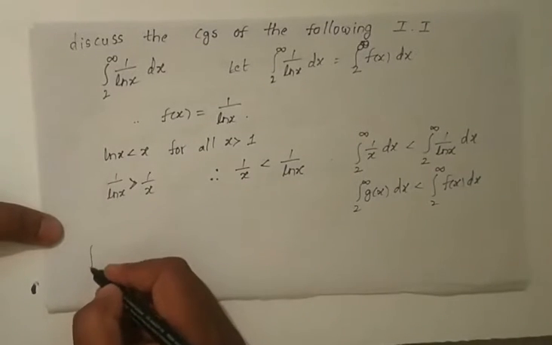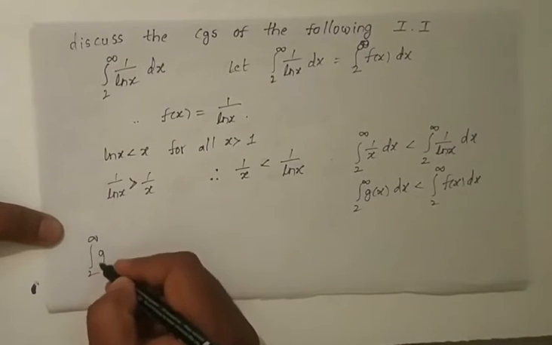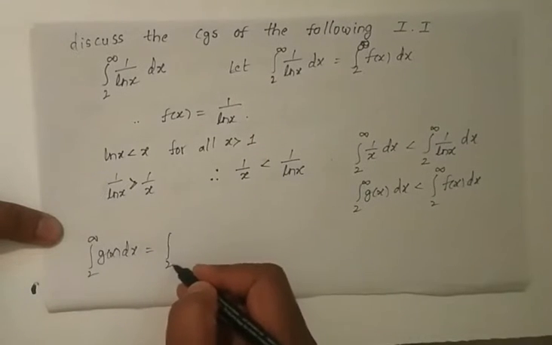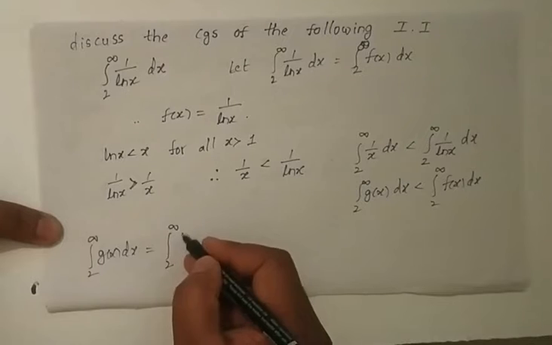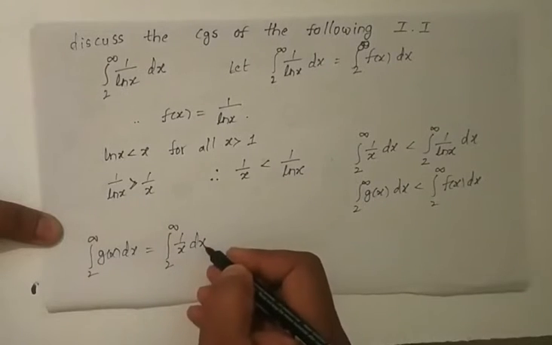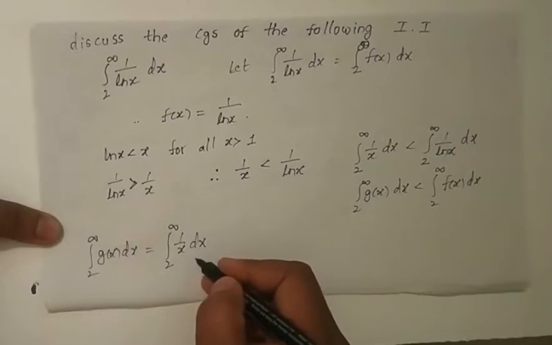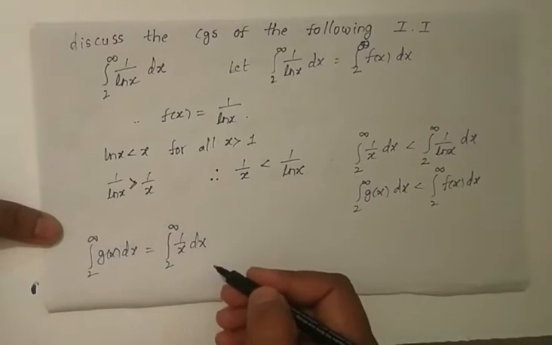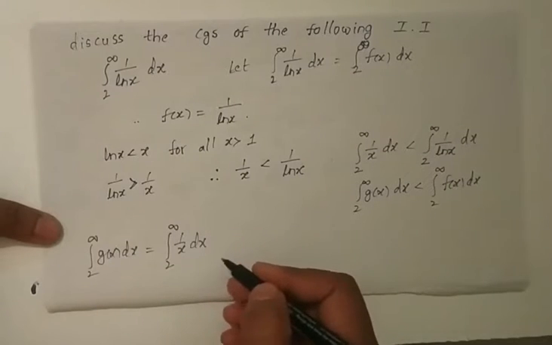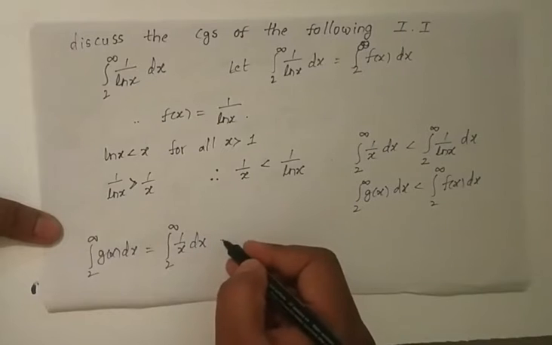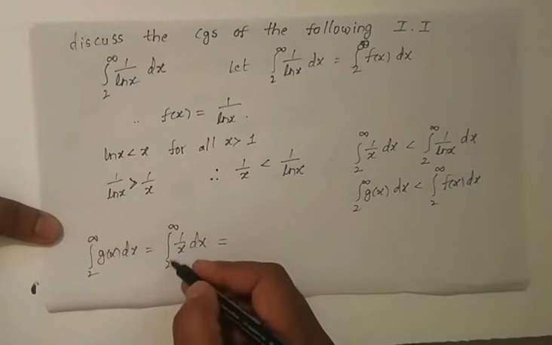The integral from 2 to infinity of g of x dx, where g of x is nothing but 1 by x dx, is the second form of improper integral of the first kind. Already we know how to evaluate it. This can be written as the limit as b tends to infinity of the integral from 2 to b of 1 by x dx.